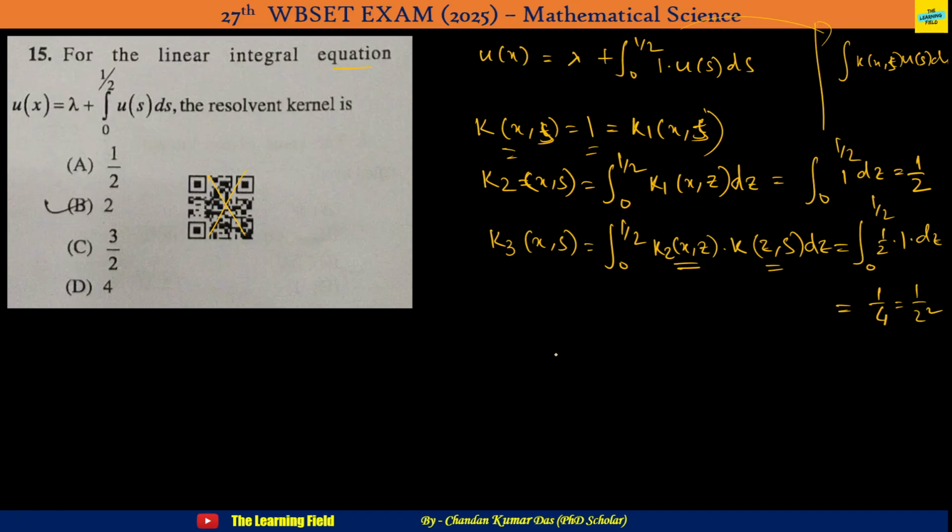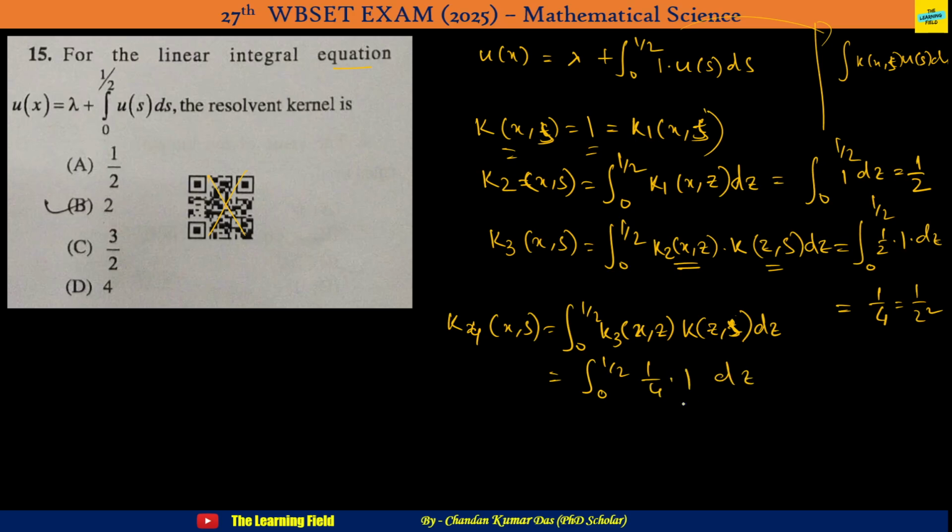Similarly, K4(x,s) equals integration 0 to half of K3(x,z) K(z,s) dz, and integration 0 to half of 1 by 4 into 1 dz gives 1 by 8, which is 1 by 2 cube.